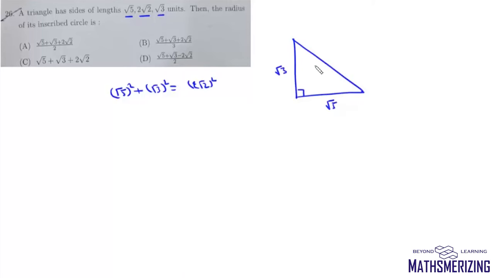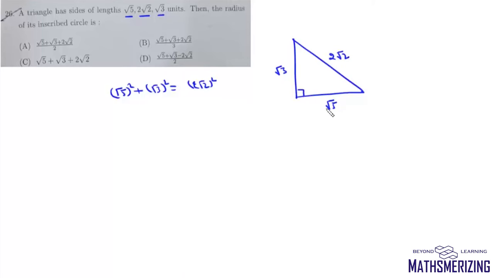Now if we look at root 5 square plus root 3 square, which is 8, it will be equal to 2 root 2 whole square. So basically it is a right angle triangle. Now this is root 5, this is root 3 and this is 2 root 2.